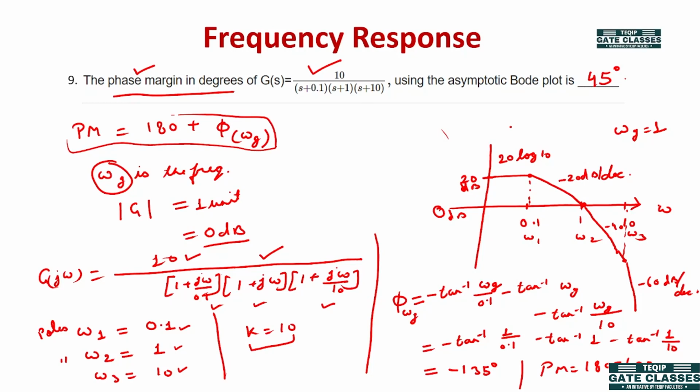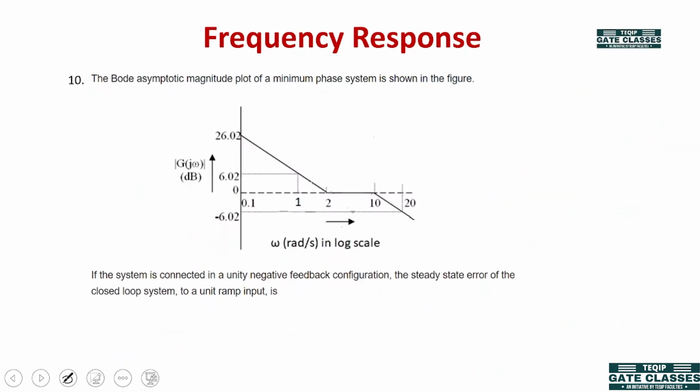Okay, so let's move on to the last question. So this is the question. The Bode asymptotic magnitude plot is given as shown for a system connected in unity feedback configuration. We have to calculate the steady state error of the closed loop system to unity ramp input.